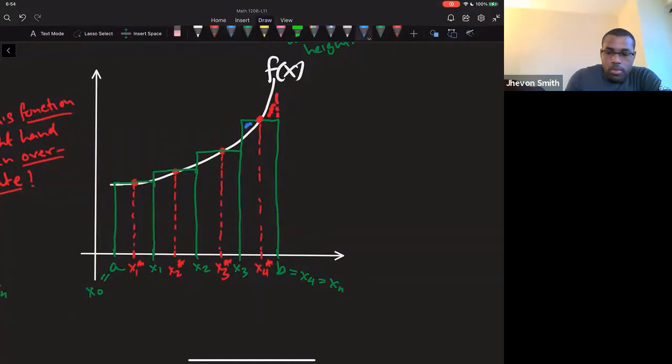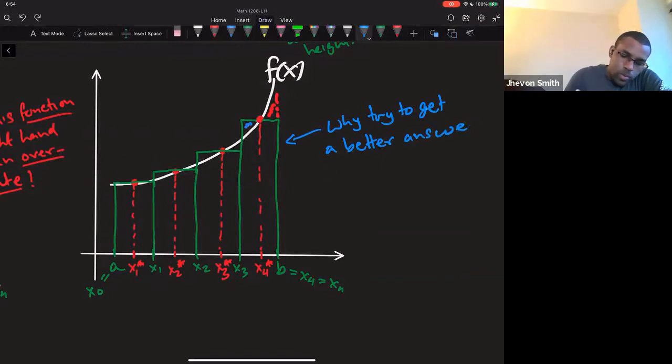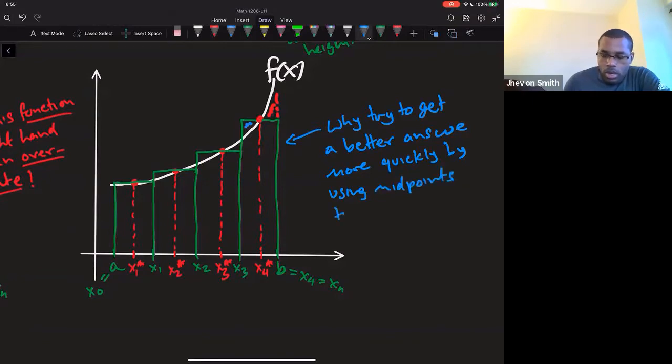So we try to get a better answer more quickly by using midpoints to overestimate and underestimate at the same time.